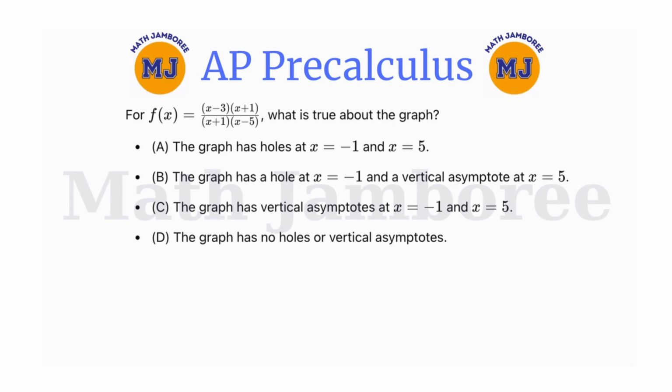We notice that x + 1 appears both in the numerator and the denominator, suggesting a potential hole, because this is going to create a hole.